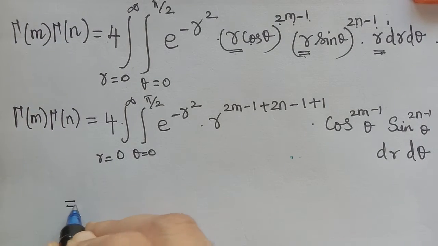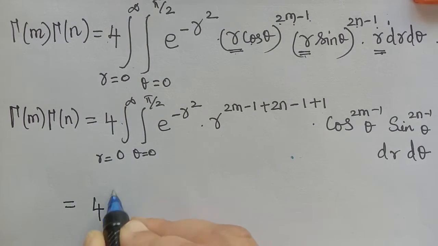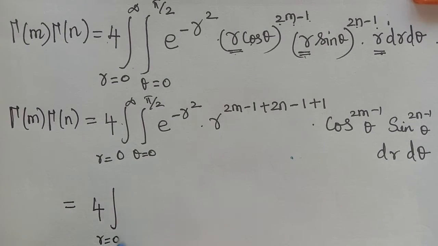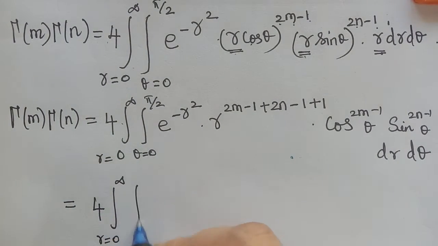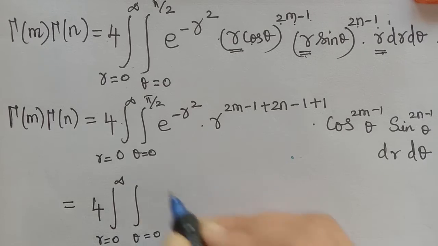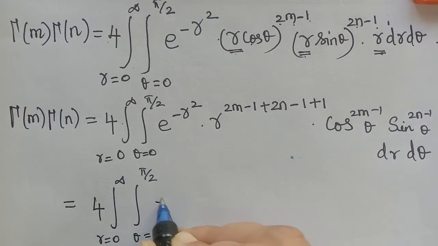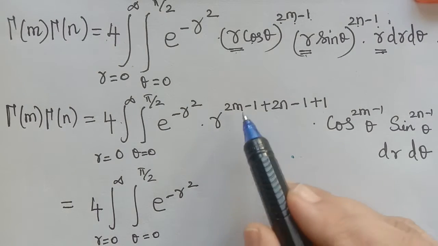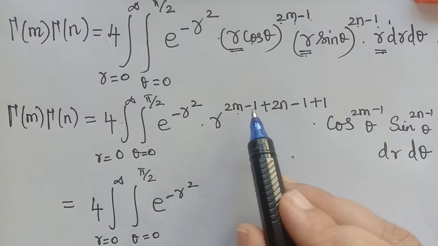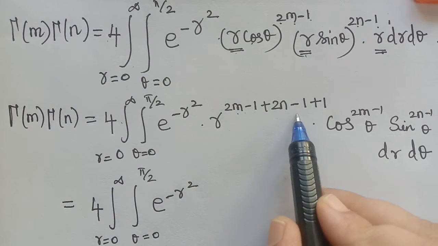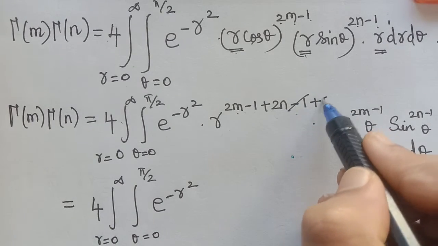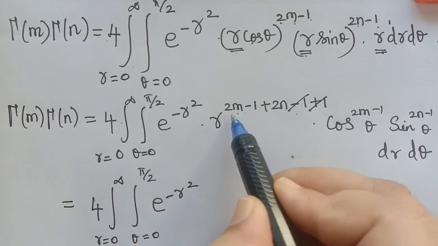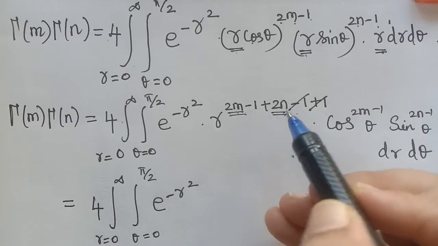And so that will be equal to, simplifying further, 4 integral r equal to 0 to infinity, integral theta equal to 0 to pi by 2, e to the power minus r square. Now in the power of r we have 2m minus 1 plus 2n minus 1 plus 1. So this minus 1 and plus 1 get cancelled. And from these two we can take 2 common.